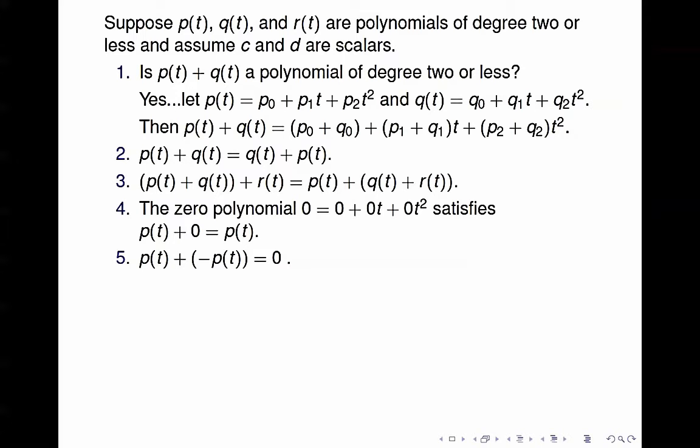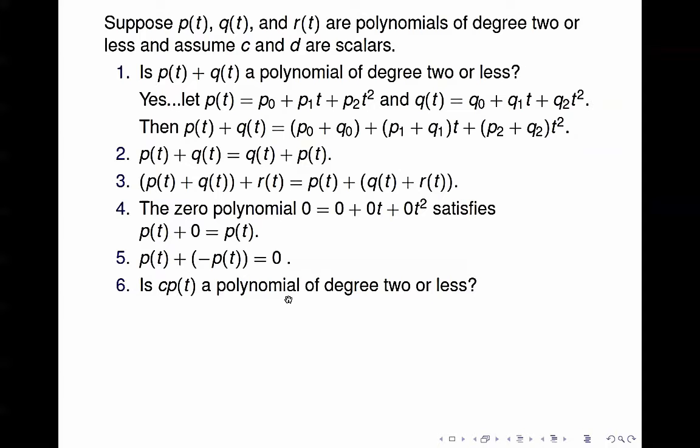Number 4, do you have a zero element? Is there a zero polynomial? Well, yes there is. It's just 0. If we add 0 to any polynomial, we get that same polynomial back. If we negate all the coefficients in a polynomial and add it to the original one, we get the zero polynomial. Number 6, is this set of polynomials closed under scalar multiplication?